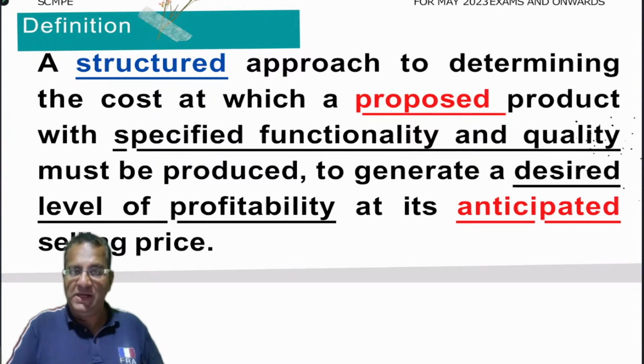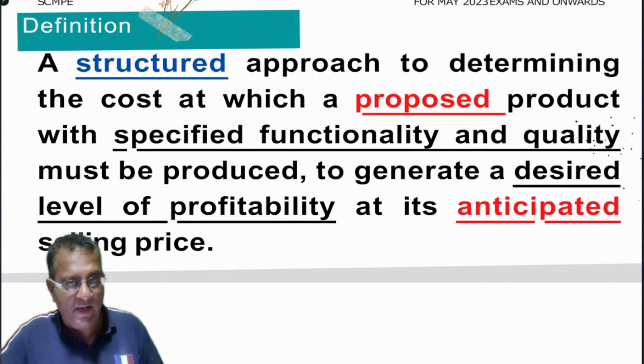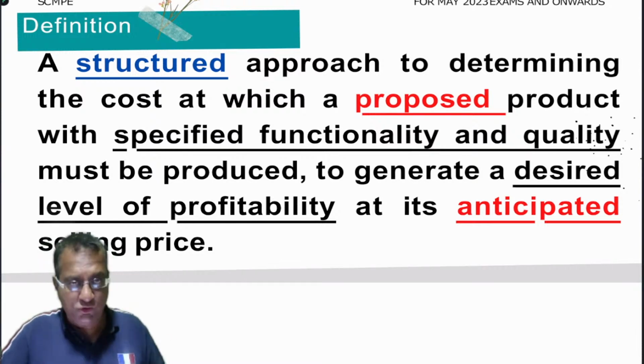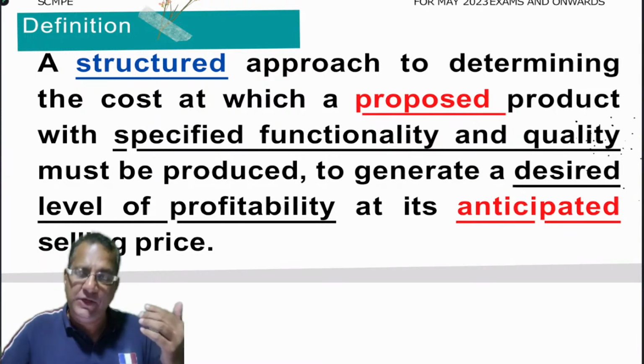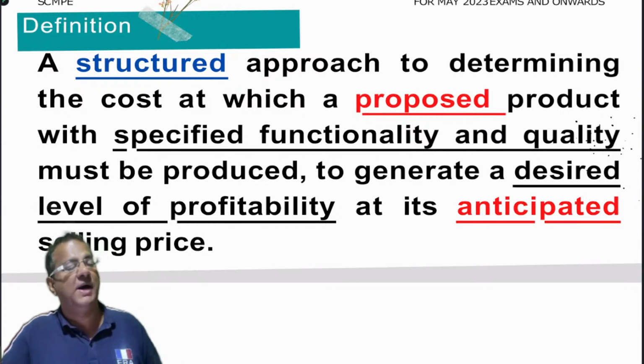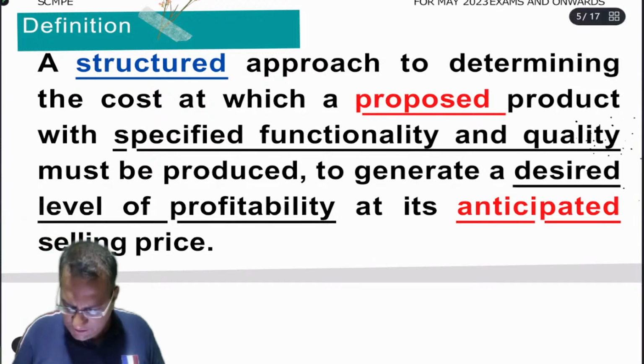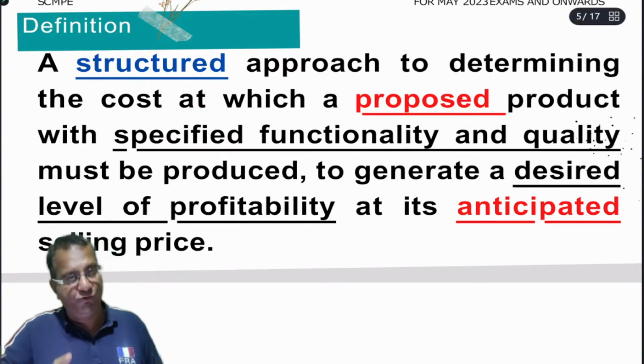Proposed product doesn't mean that it will be new to the market. The interpretation is it must be new to the company, although it may be new to the market or old to the market, it doesn't matter. What matters is it is a new product to our company. Target costing is applicable only and only for a proposed product.